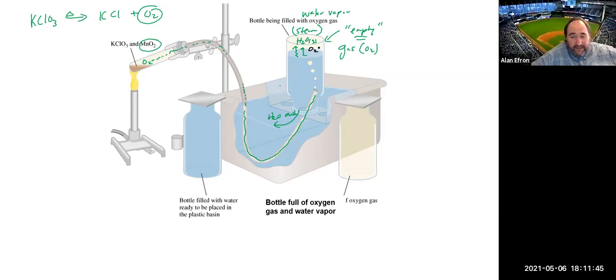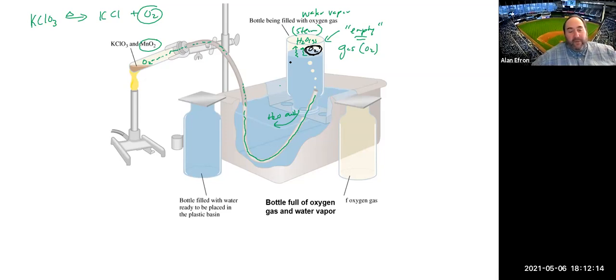You're interested in really just the O2 gas in this experiment, which means we need to do some type of correction factor to get rid of the water part. You'll sometimes see them say, what is the pressure of the dry gas? They say that because you basically need to correct for the water vapor and subtract it off.